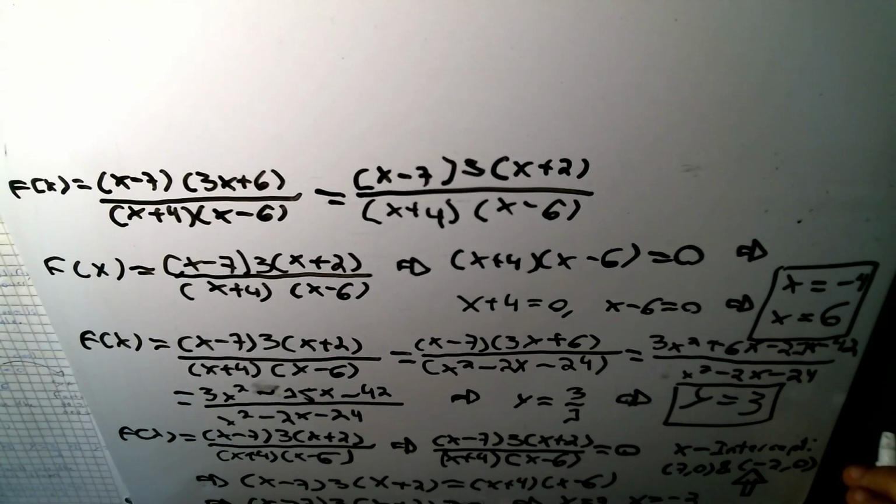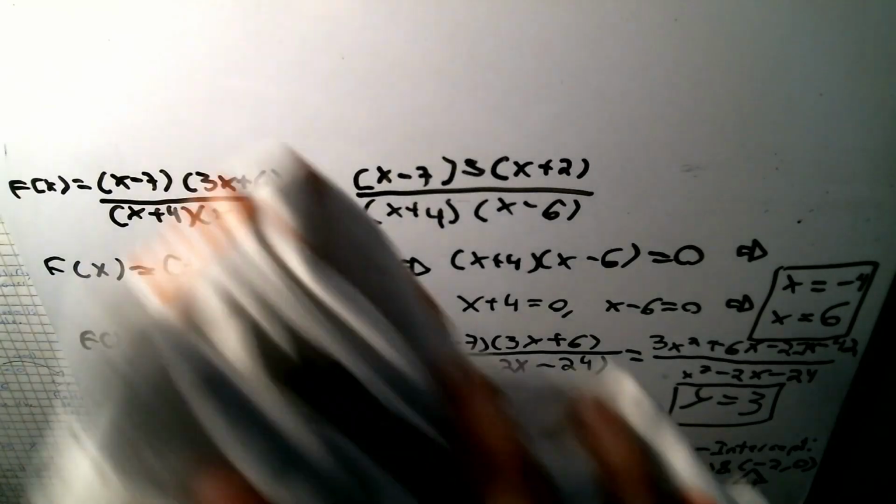Now we'll calculate the y-intercept. For this we're going to plug 0 in for x and then solve, but before that we're going to erase everything to have more space.